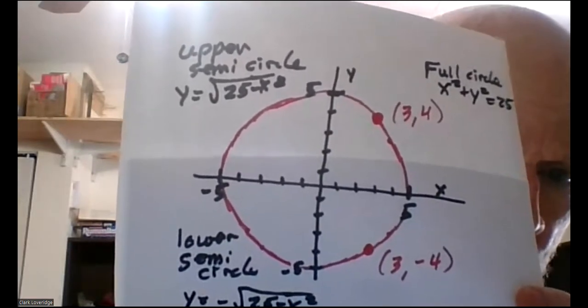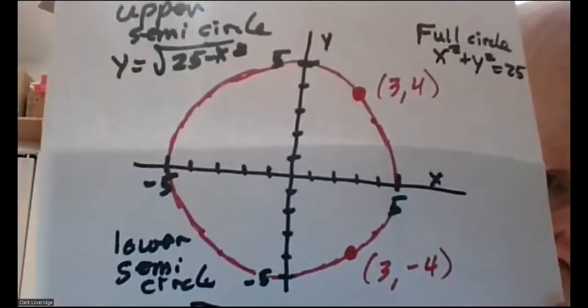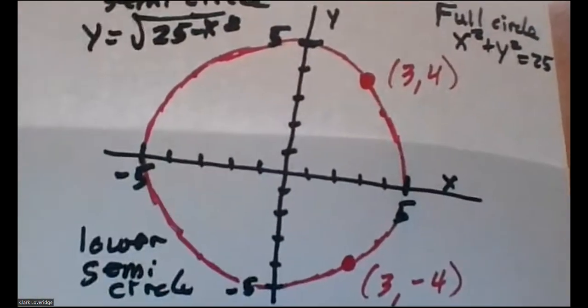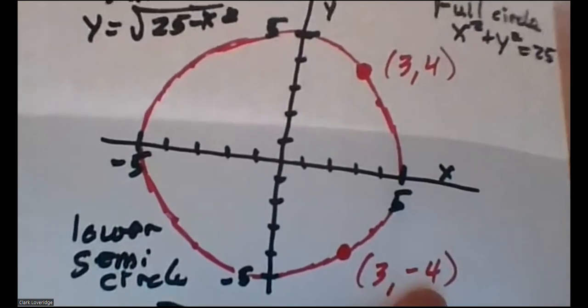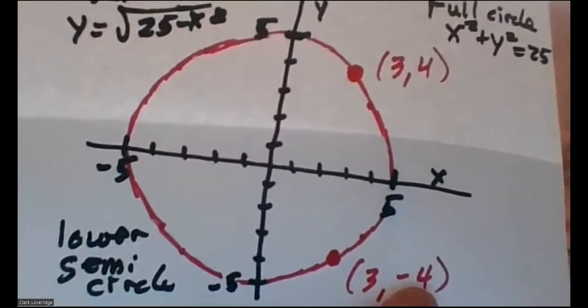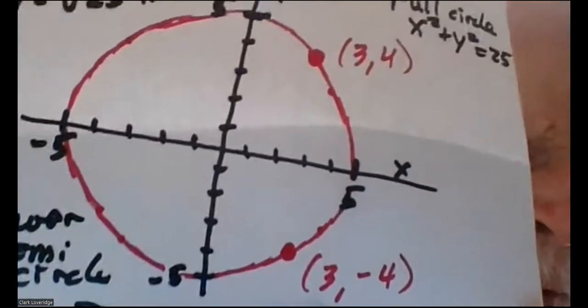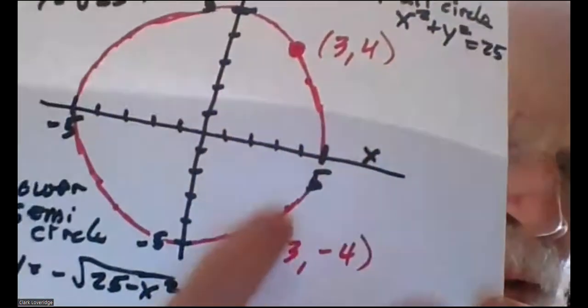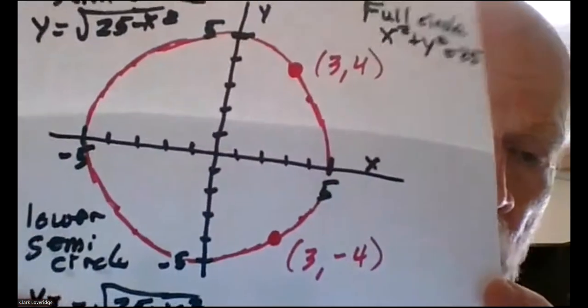It's a little hard for me to read because my screen is inverted, but here it is. If x is 3, y could be either -4 or 4. Those are both points on the circle. So this circle is not a function.